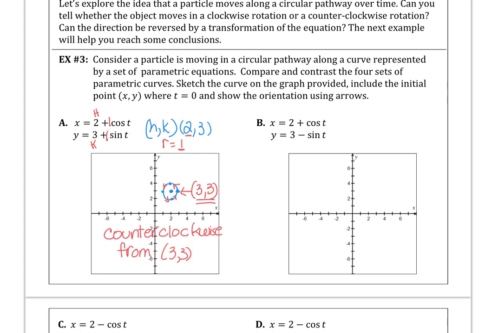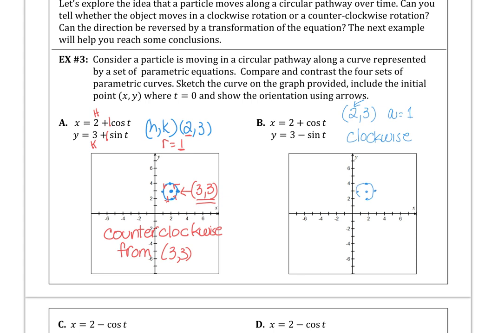In the next example, our center of the circle is at h, k, which is 2, 3. The a value is 1, but we have a negative on the sine, so it's going to go clockwise. It would start 1 unit away from 2, so at 3, 3, and we have 2, 3, and 2, 4, and 1, 3, and 2, 2.